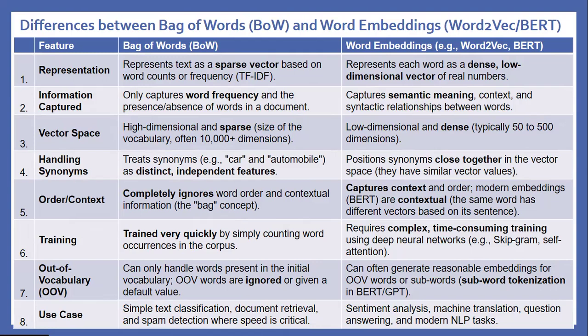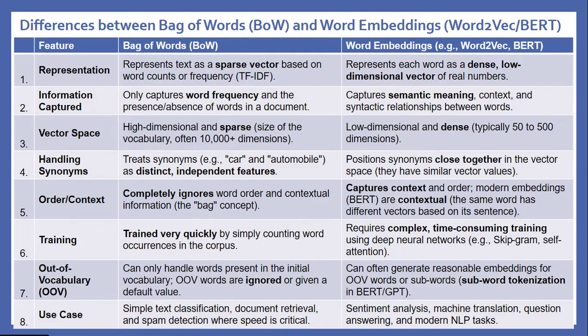syntactic relationships between words. Vector space: bag of words is high-dimensional and sparse, the size of the vocabulary, often 10,000 plus dimensions. Word embedding is low-dimensional and dense, typically 50 to 500 dimensions. Handling synonyms: bag of words treats synonyms, for example car and automobile, as distinct independent features.